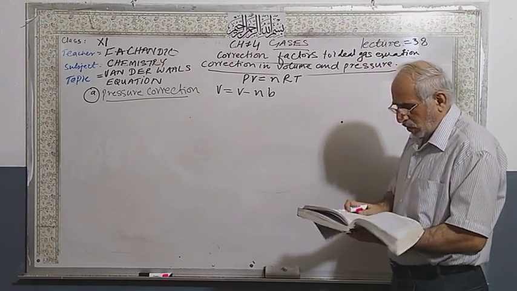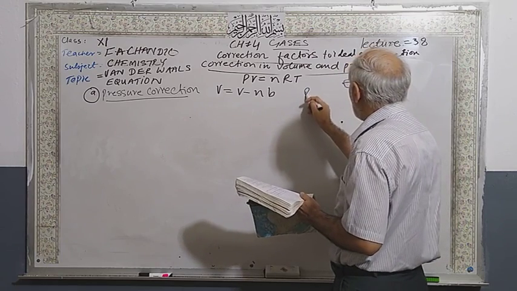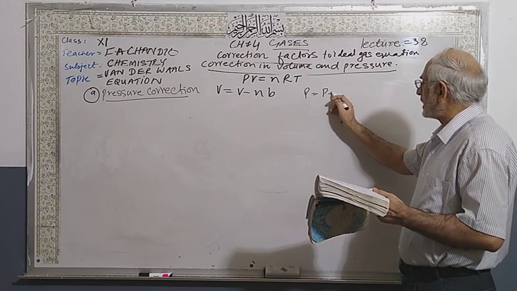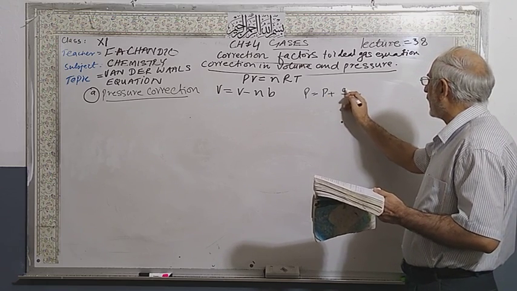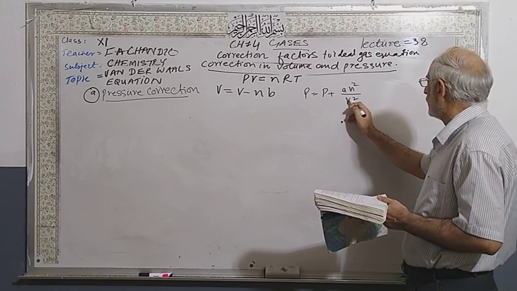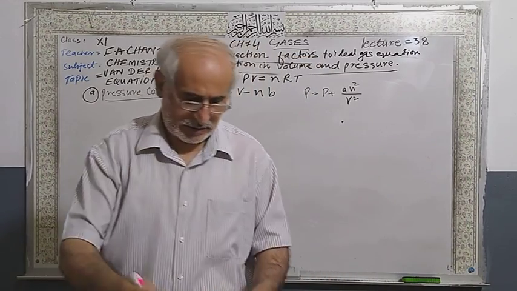And you also have the pressure correction equation. This is P ideal is equal to P plus an square over V square. So dear students, we have these two equations.